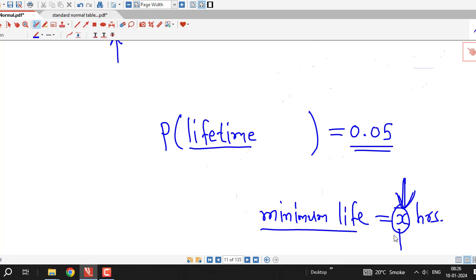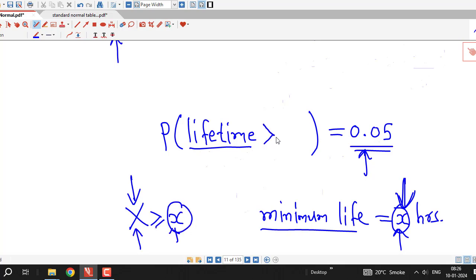Now because small x is the minimum life, the value of small x is always less than or equal to the lifetime, which we have denoted by capital X. So if small x is the required minimum life of the best 5% of the batteries, that means lifetime is always greater than or equal to small x.